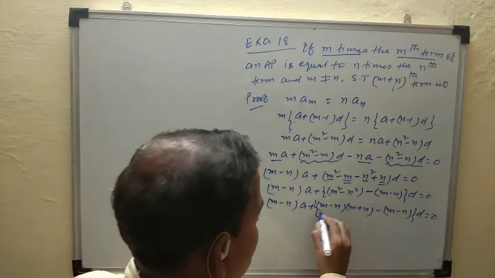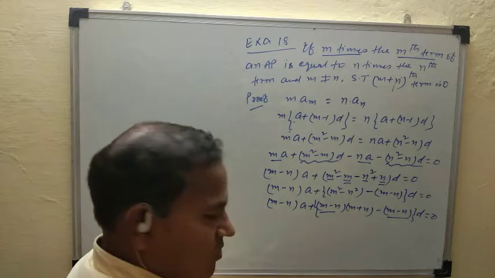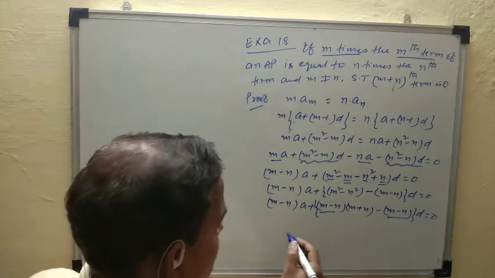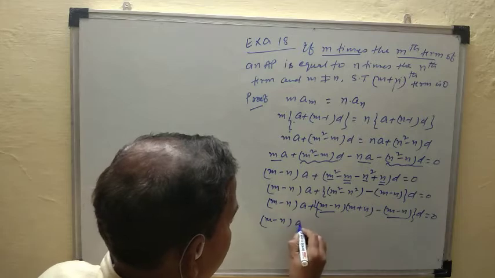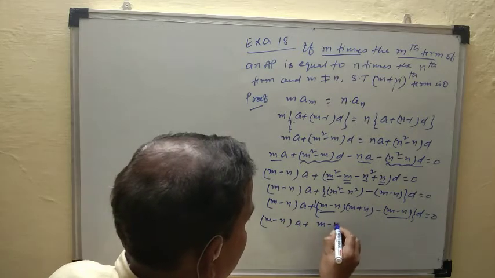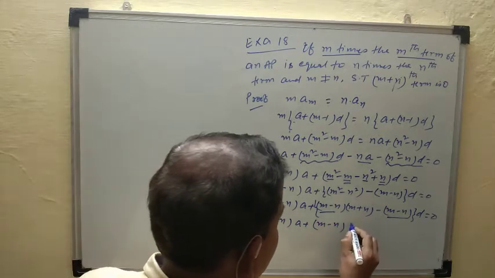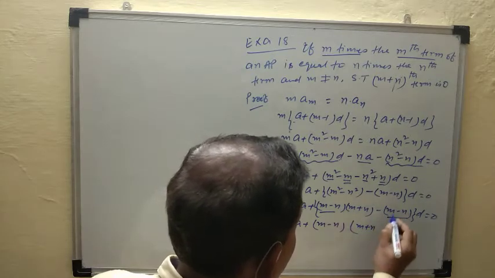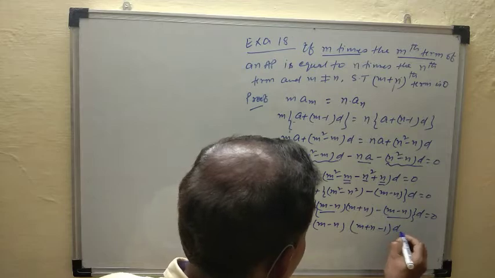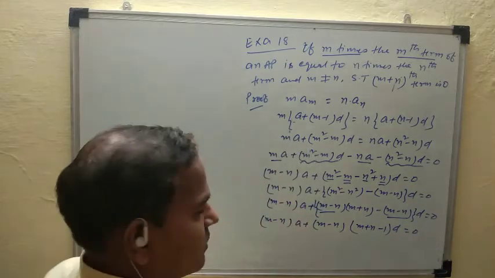Now m minus n is a common term, so taking it common, so (m minus n) into a, here m minus n common, then the remaining term is (m plus n), and here minus 1 into d is equal to 0.